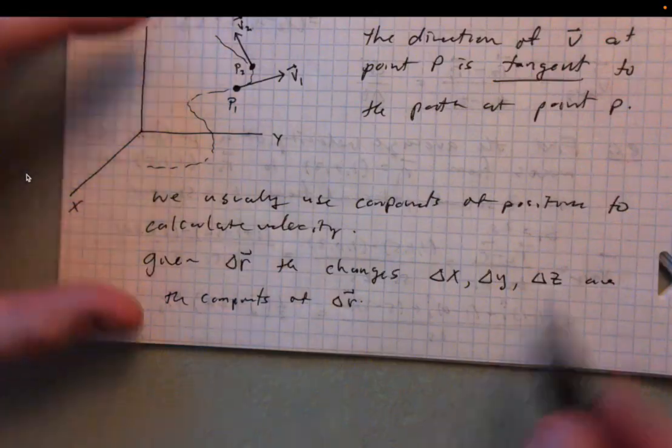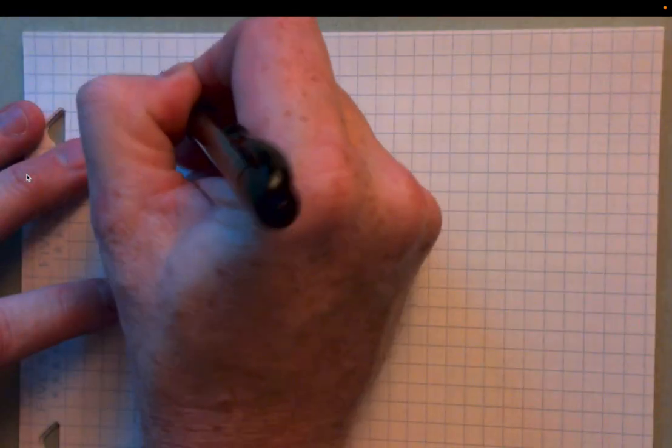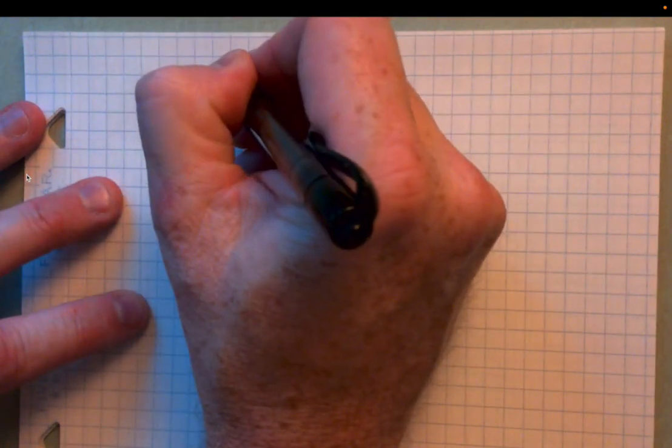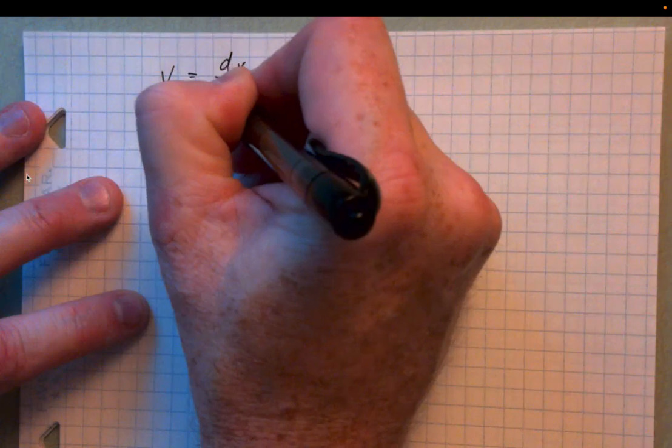Okay, and so if I'm given a displacement, I can use the components of the displacement vector to calculate the velocity. So v of x, the x component of the velocity, is equal to the derivative of the x component of position.